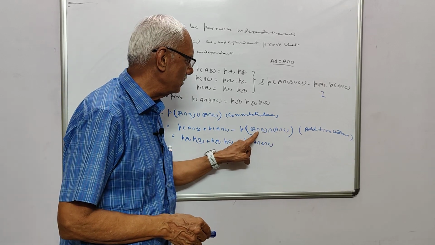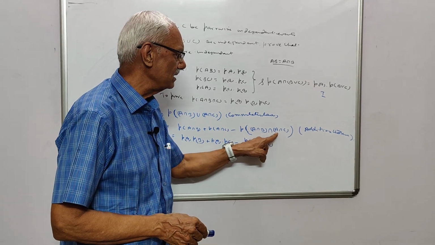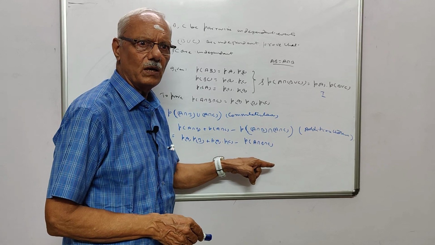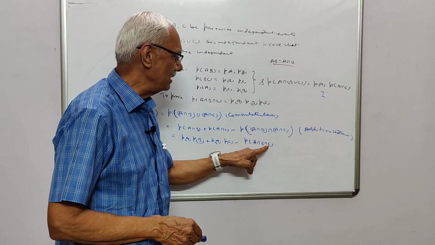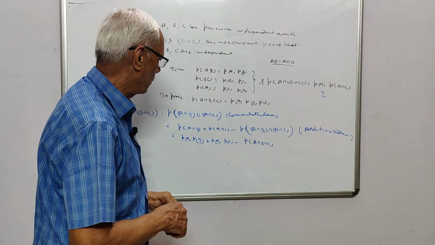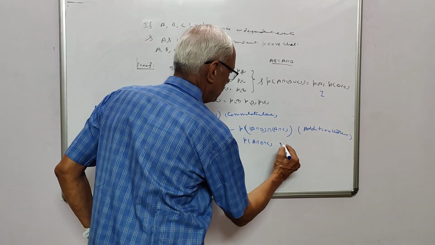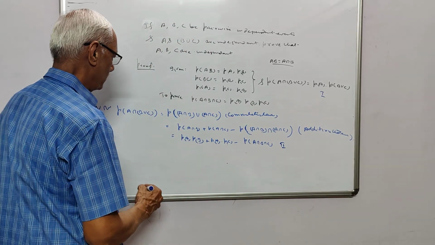A intersection A is A, the idempotent law. Then you get A intersection B intersection C. Call this your 1. Call this your 2.